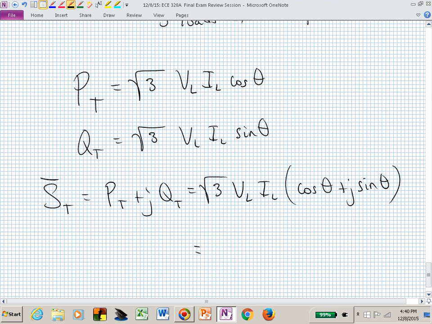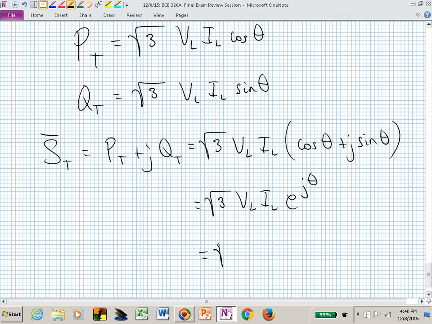Who is that? Euler. So you now know that S total is square root of 3 V line, I line, e to the j theta. Or a lot of times we just say square root of 3 V line, I line, and I'm not overbarring V line and I line. Those are just magnitudes.